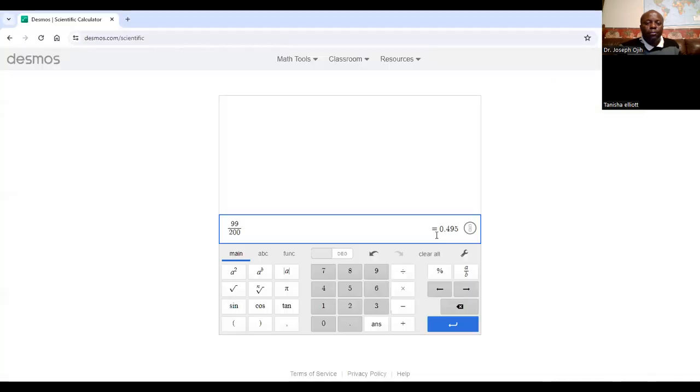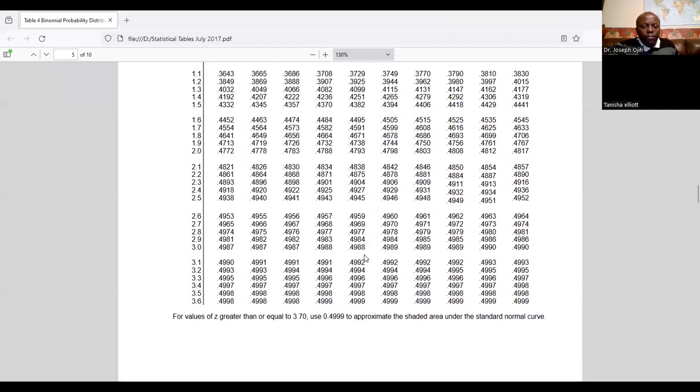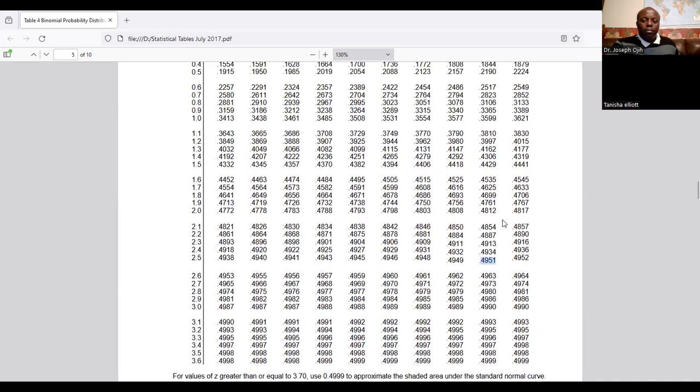0.495. Let's go and put it right there. 0.495. Now we can go to the table and get it. I see 0.4951 here.